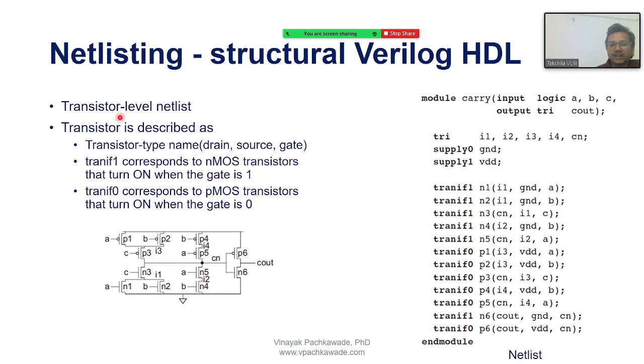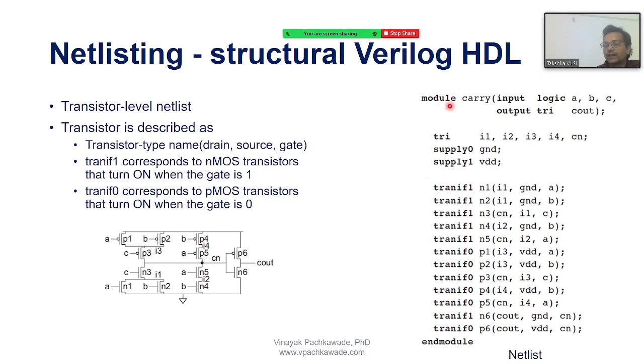I said that this is a transistor level netlist where each transistor in this circuit diagram is described by the way it is connected. There are NMOS transistors as I see in the circuit, and PMOS transistors as I see in the circuit. I see there are inputs to this circuit A, B and C, and an output called C out. So the logic designer will just write the code with this particular standard.